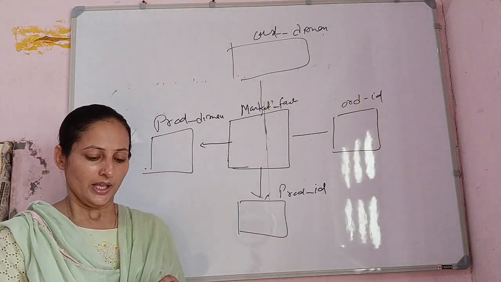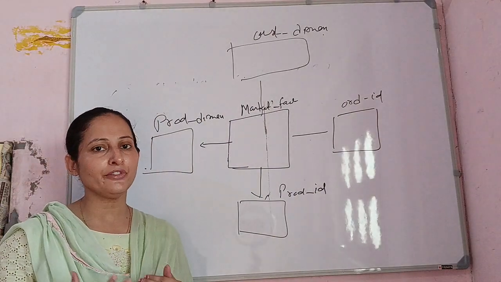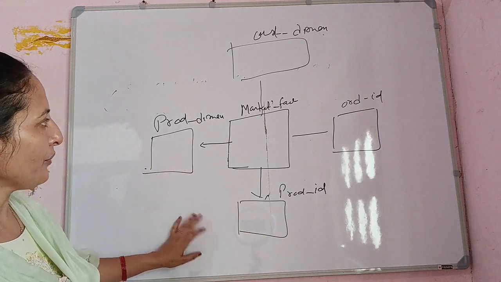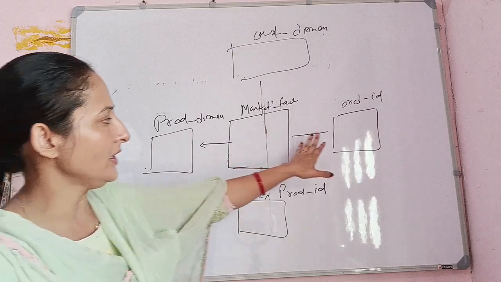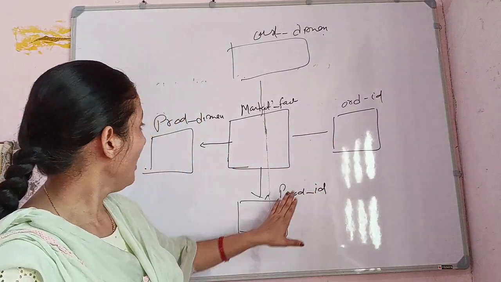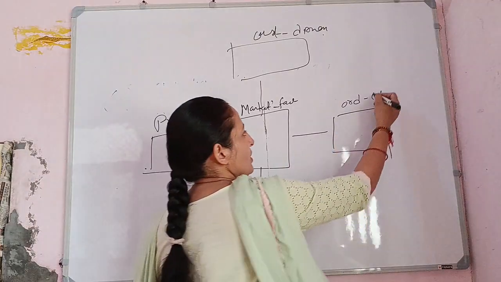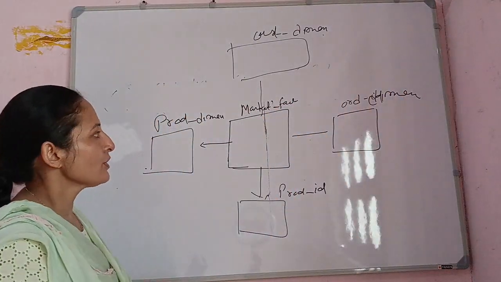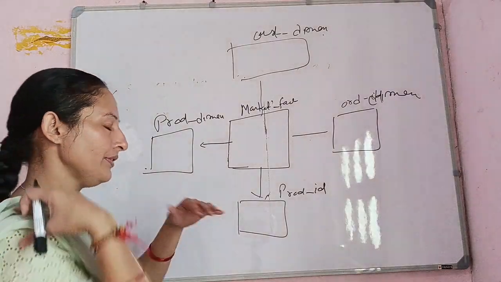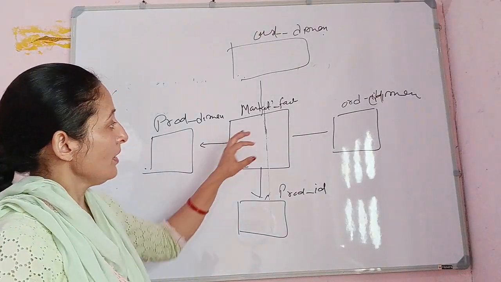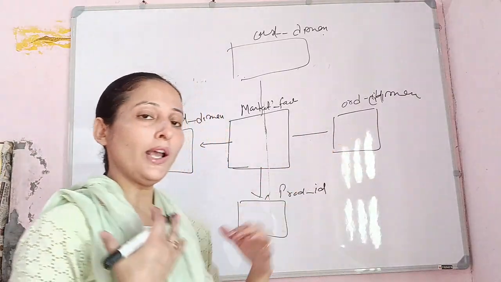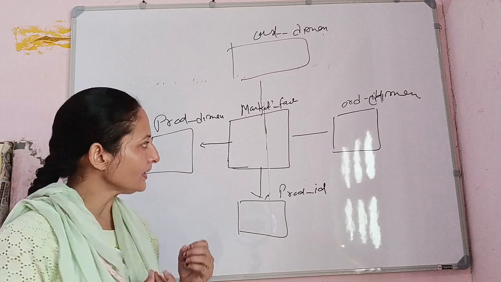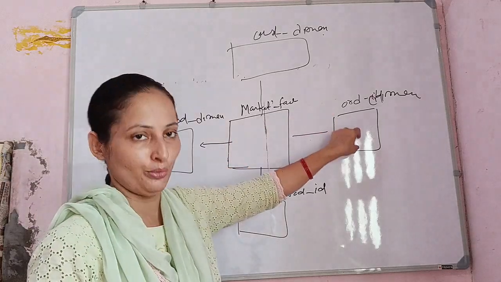A star schema is the format in which we organize the data in our database. It has a central fact table and other tables: order dimension, product dimension, and customer dimension. If we want to connect some data from this and this, we have to write a join on some common attribute.